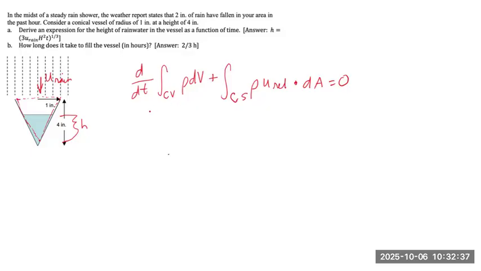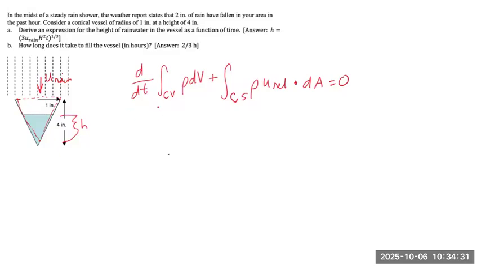Over here, on the left in the control volume, we have rho times dV, and it's basically representing the water accumulating inside. So this states that the water accumulating inside plus the rain flowing into the control volume is equal to 0.